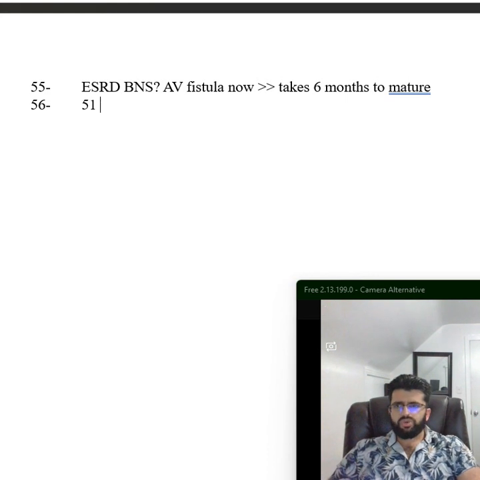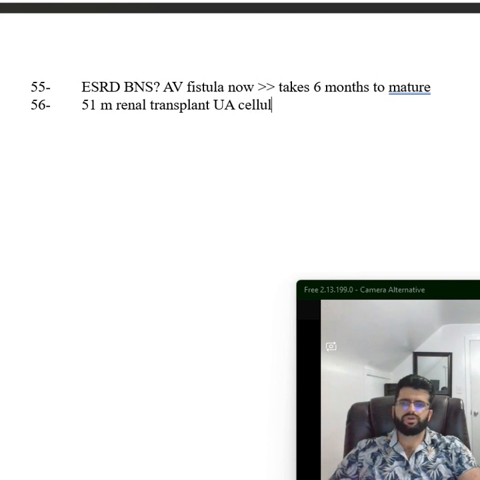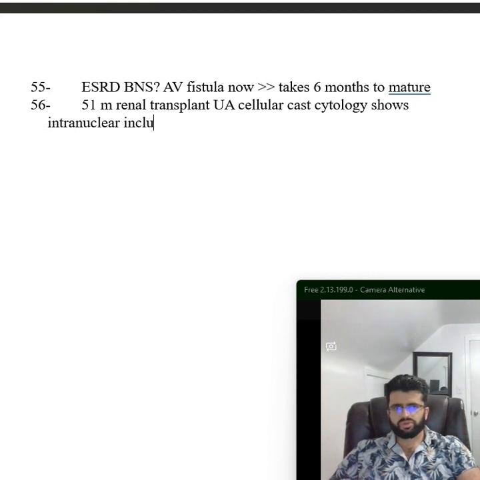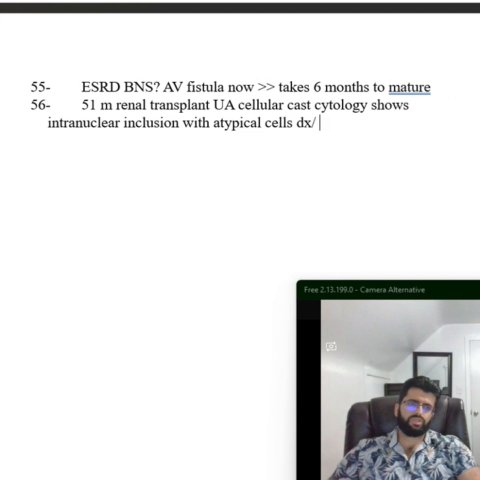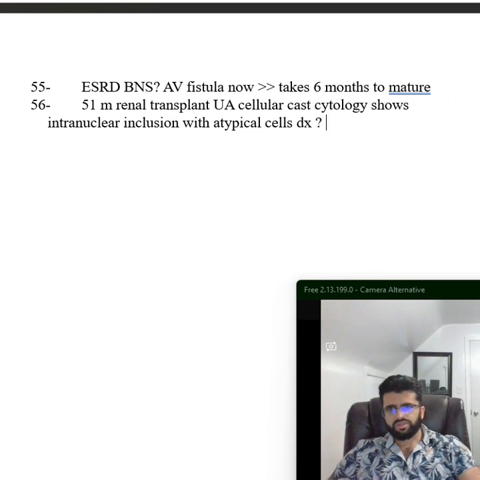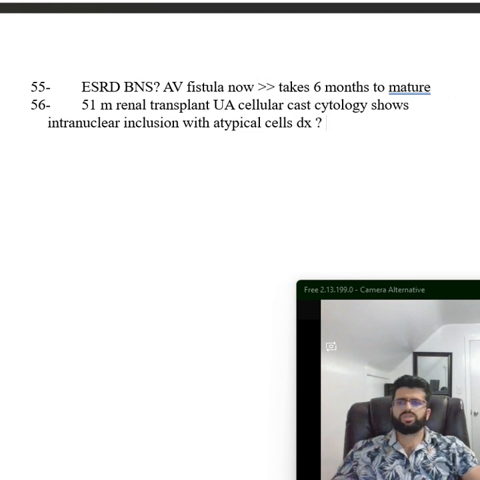Now you have a 51-year-old man who had renal transplant, right? So after you do renal transplant, UA shows cellular cast, and cytology shows atypical cells with intranuclear inclusion. And they ask you, what's the diagnosis in this case? So they add a lot of distraction, a lot of other things.